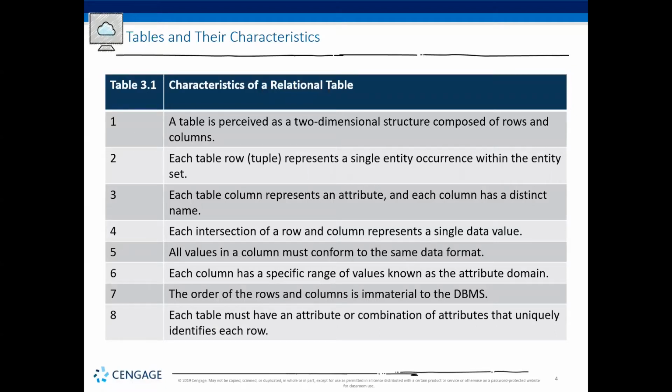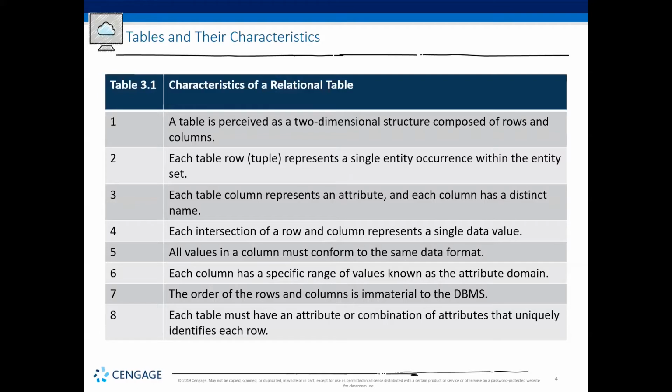Characteristics of a relational table. First of all, a table is perceived as a two-dimensional structure of rows and columns. Notice that's just our perception. That's how this table has been represented and visualized to us. It's actually disparate data saved out on a disk drive that's brought together for our view to give us that perception.